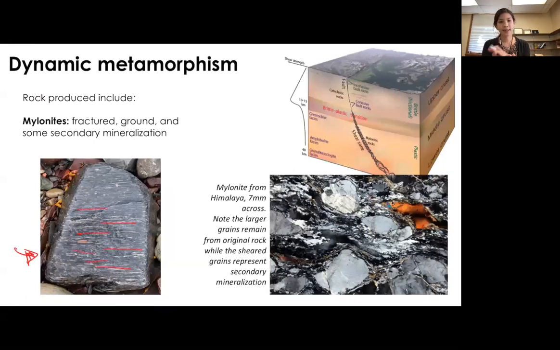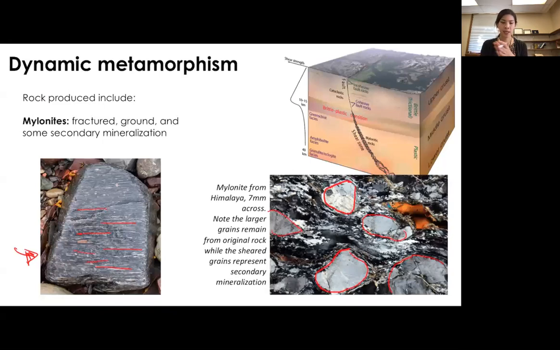If we were to take a slice of this and look at it under a microscope, we would see some evidence of that secondary mineralization. This is an example of a mylonite from the Himalayas. We're looking 7 millimeters across in the view here, and you can see the original larger grains. These are from the original rock before the dynamic metamorphism event.